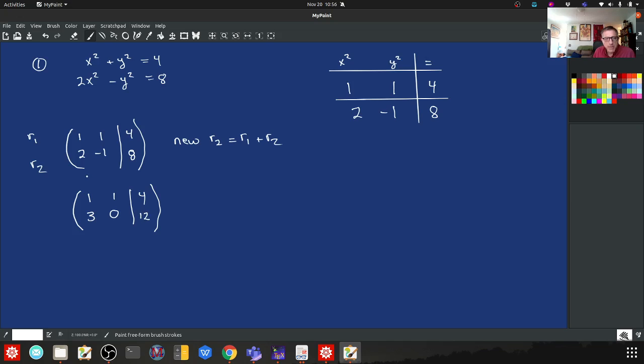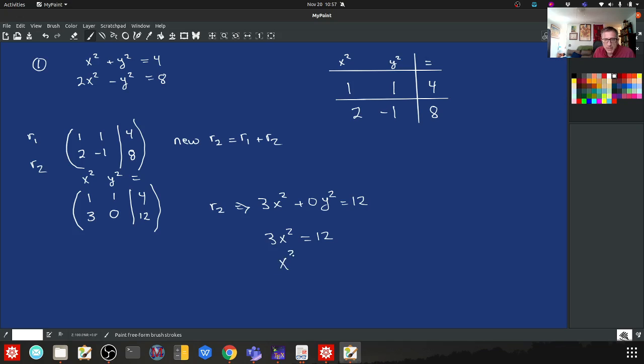So now let's remind ourselves what our variables are. So row 2 tells me that 3x squared plus 0 y squared is equal to 12. So literally I get 3x squared is equal to 12. So let's divide both sides by 3.